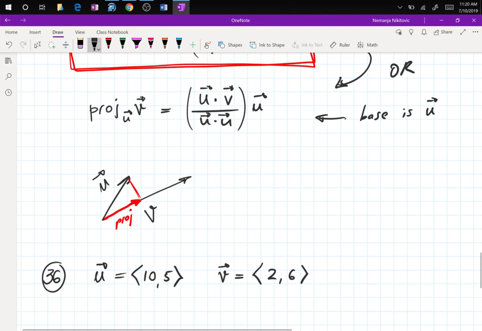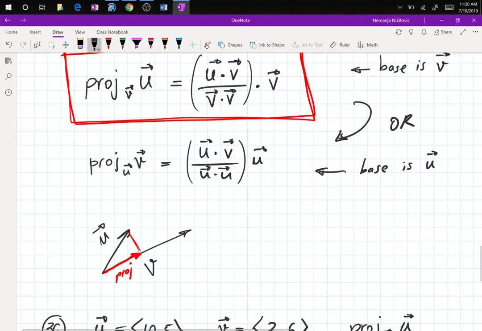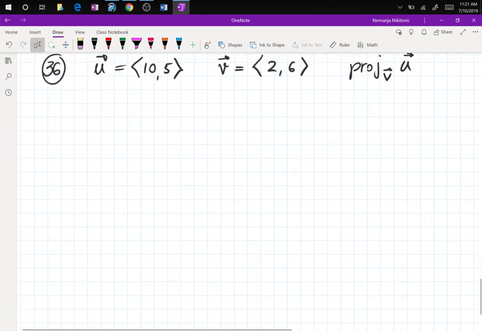They want the projection of u onto v. So you will be using the v equation on top for this calculation.